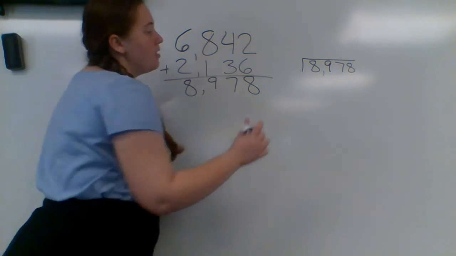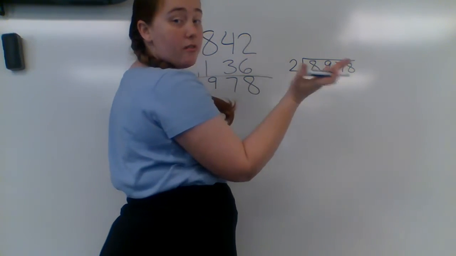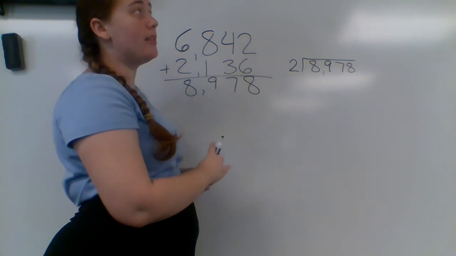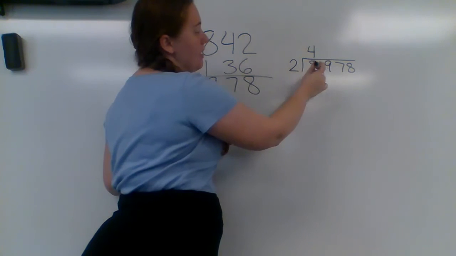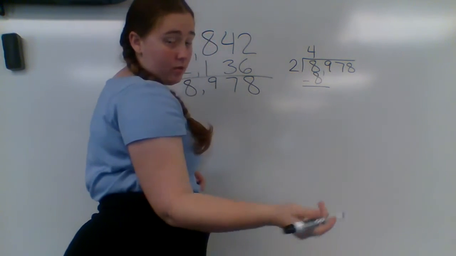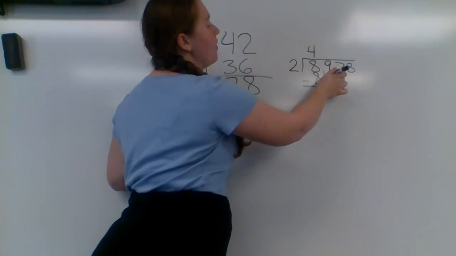Just 2. So put them together. Now I'm going to just divide. 2 will go into 8. I want to say that's 4 times. So 2 times 4 is 8. 8 minus 8 is 0. And 0 is smaller than 2. Now I carry down the 9.